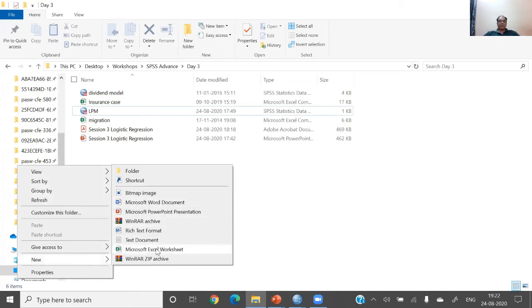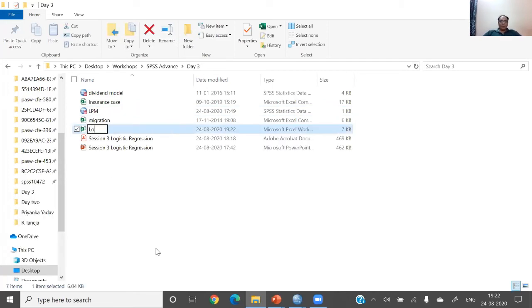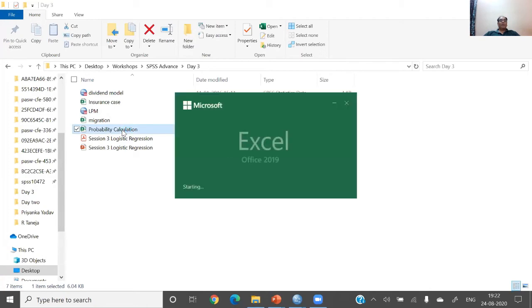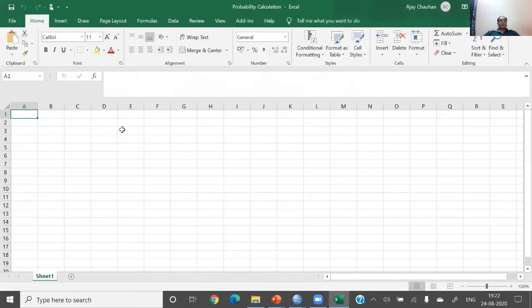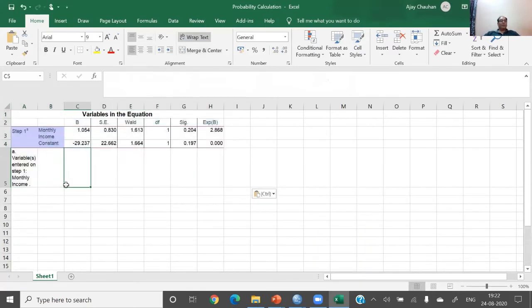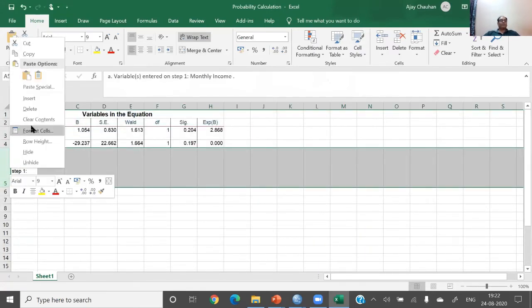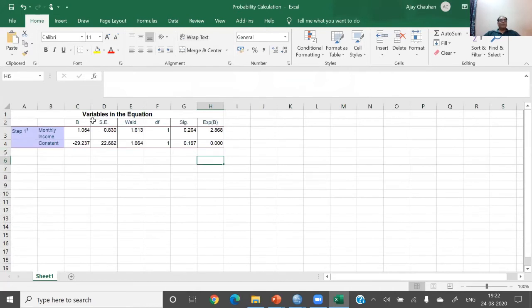Please see logistic, or I can write it probability calculation. Now let me go to this, and I type the calculated values here. These values I am taking from the regression model.